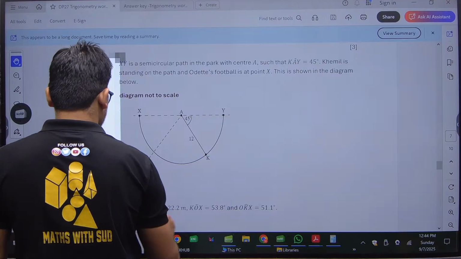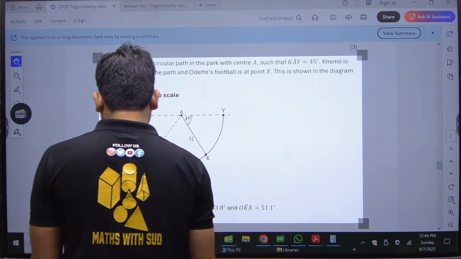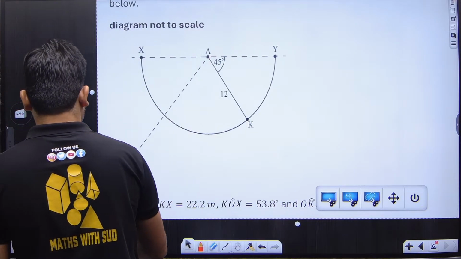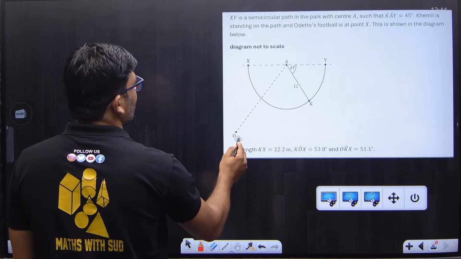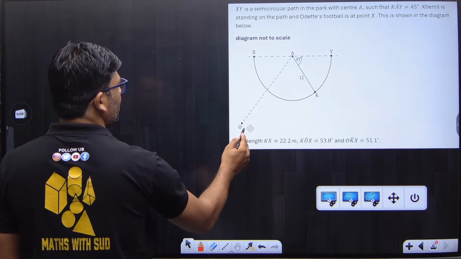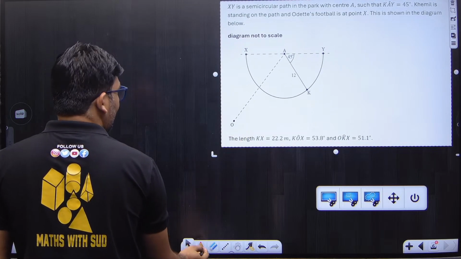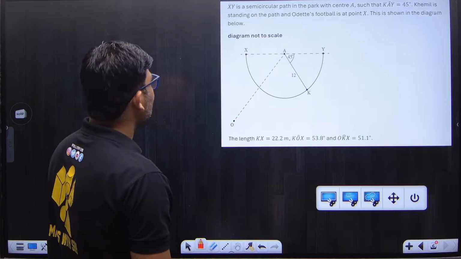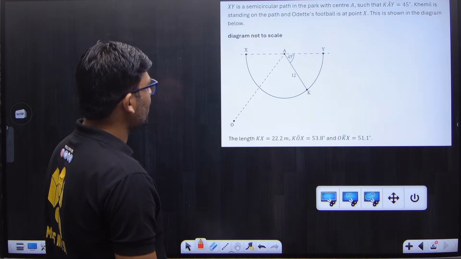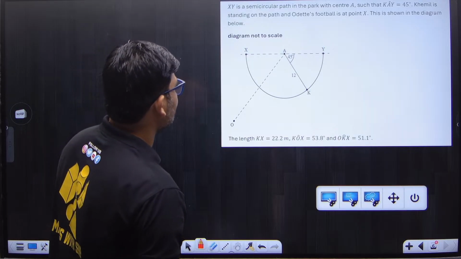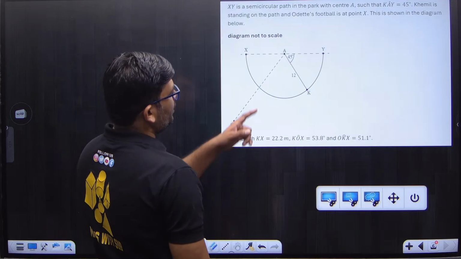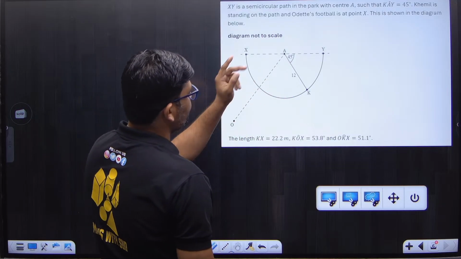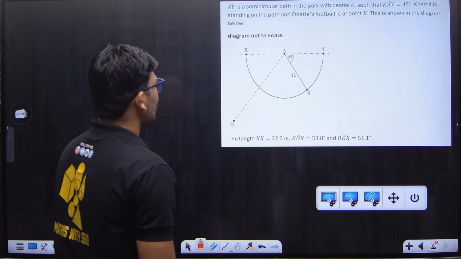Now the question is, XY is a semicircular path in the park with the center A such that angle KAY is 45 degrees. Camille is standing on the path and Audit's football is at point X. This is shown in the diagram below.